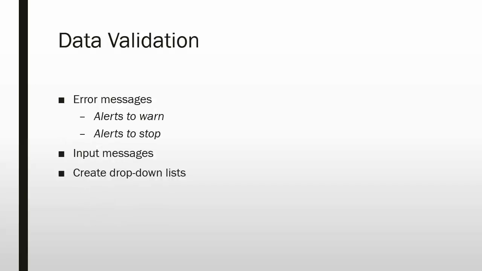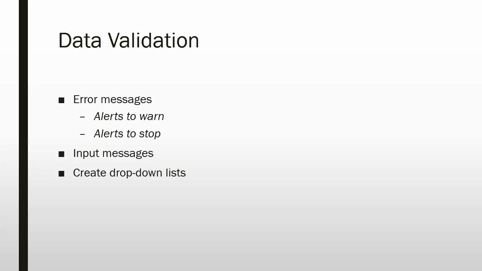When you're working in data validation, some of your choices include creating error messages, whether they are simply alerts to warn somebody that the data they're typing in is not what is expected, or an alert to actually stop them from keeping the data there.